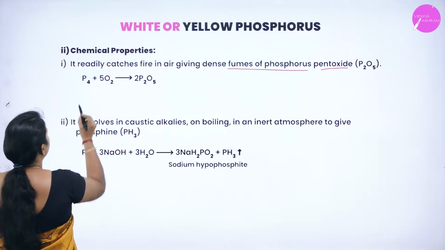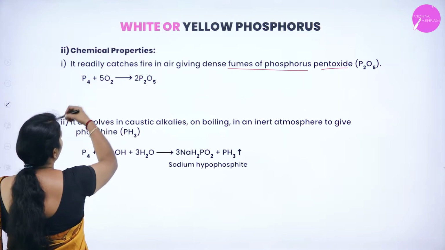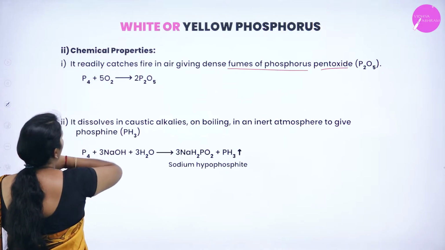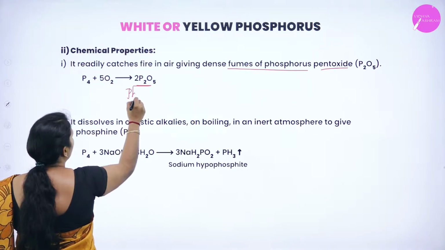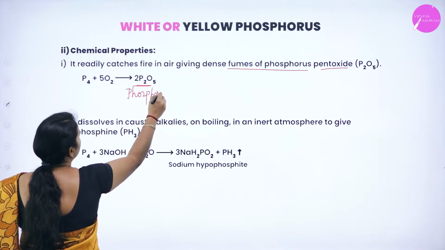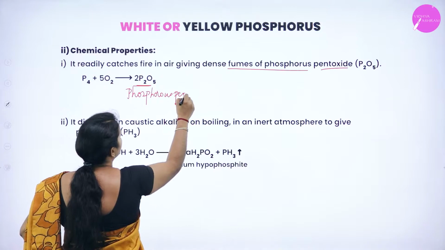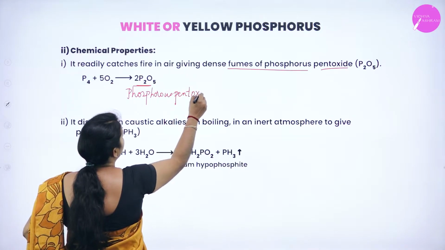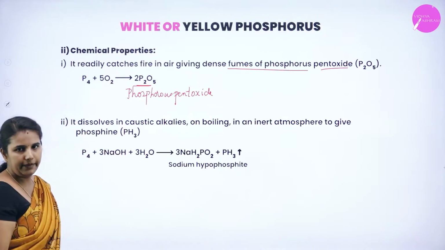You can understand here, this is phosphorus, that is P4, yellow or white phosphorus, which reacts with oxygen to form phosphorus pentoxide. This is the name of the product, phosphorus pentoxide.